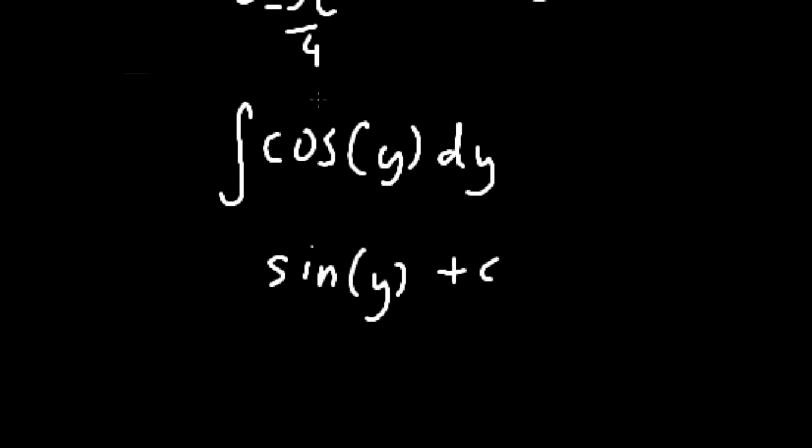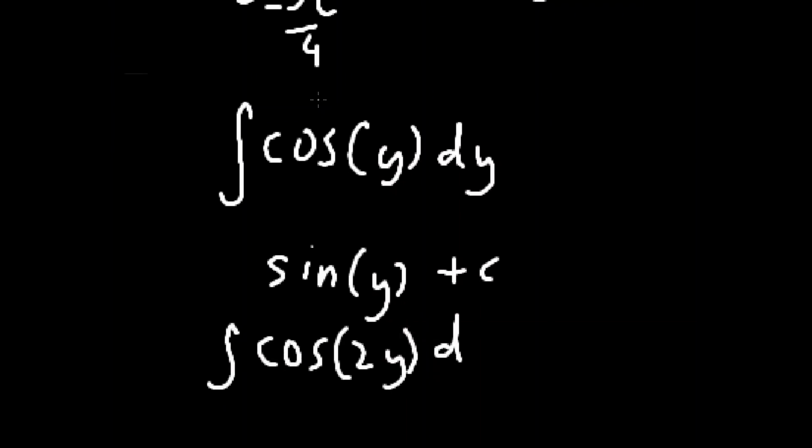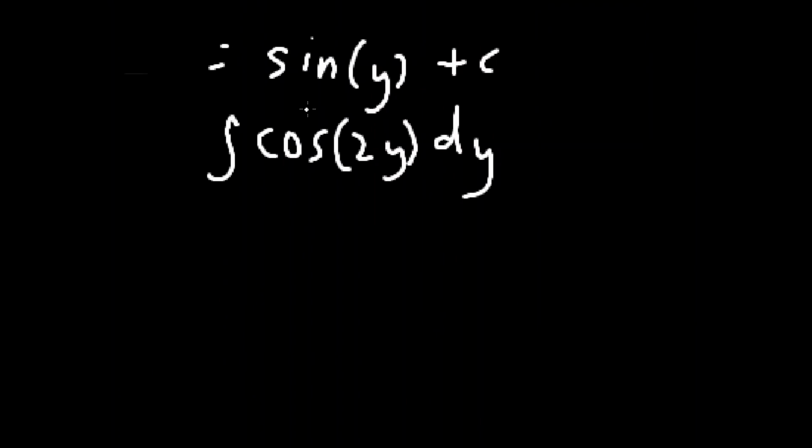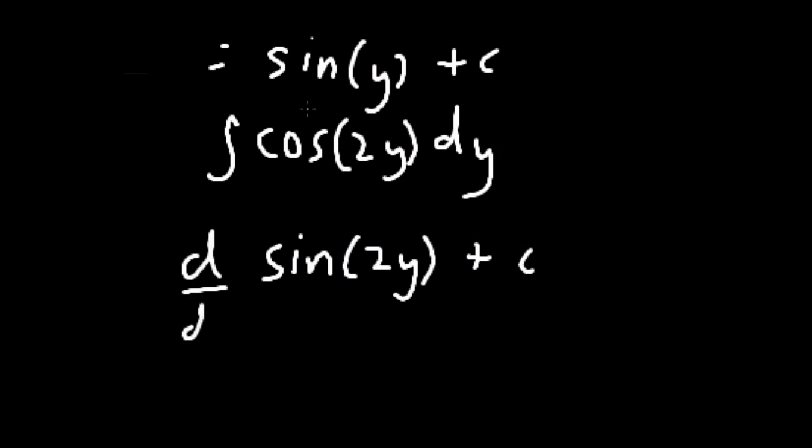So the next question is, what happens if I integrate cos and I stick a 2 in here? I can do the same thing that I did before. I get it being a sine and I keep the brackets the same. And then what happens if I was to differentiate that to try and bring it back to the original one?